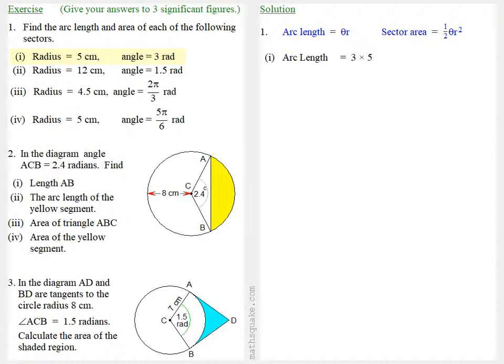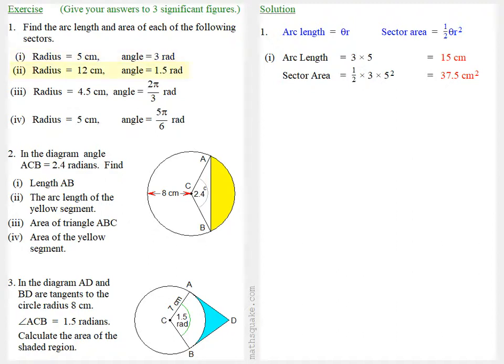So the arc length in the first one is 3 times 5, which is 15 centimeters, and the sector area is a half times the angle times the radius squared, a half times 3 times 5 squared, which is 37.5 square centimeters.